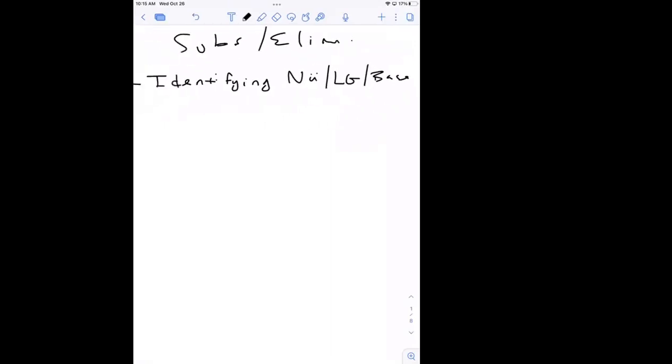The leaving group is common to both. Substitution and elimination both involve a leaving group. So that's one of the things that we want to learn: how to identify my nucleophile, my base if it's an elimination, or my leaving group.